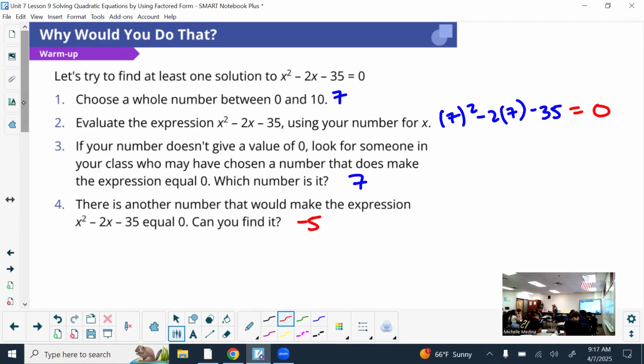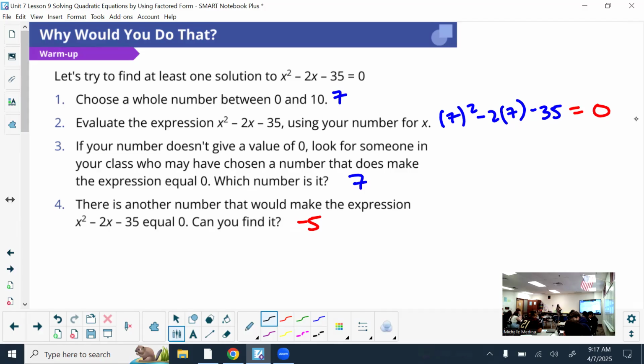However, today's lesson is called Solving Quadratic Equations by Using Factor Form. So let's practice that now, using factor form to solve the quadratic. You can also, if it just wants the solutions, graph it and know where to look on your graph, but we're going to practice with the factor form.